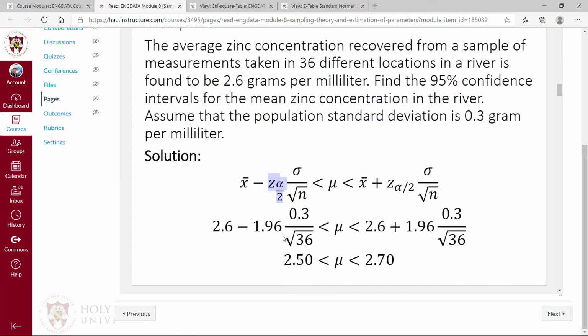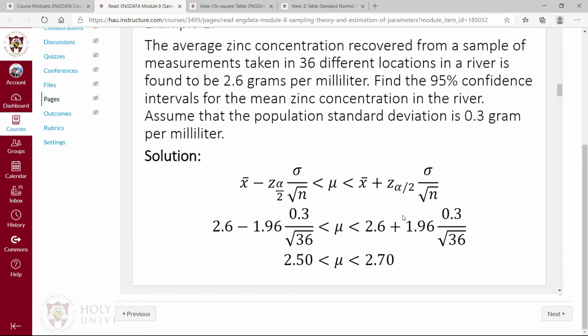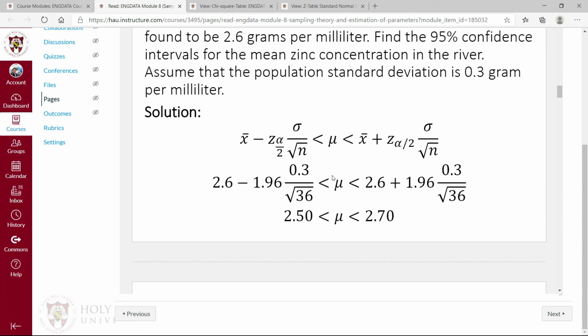So we know how to solve these alpha levels z score, 1.96. Using your calculator, you can simplify, and then you have 2.5 and then 2.7. So the 95% confidence interval for the mean zinc concentration lies between 2.5 and 2.70.